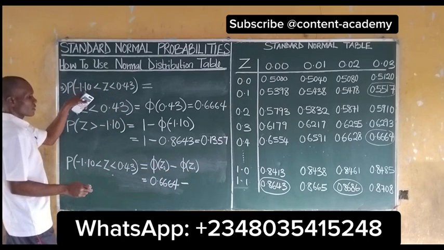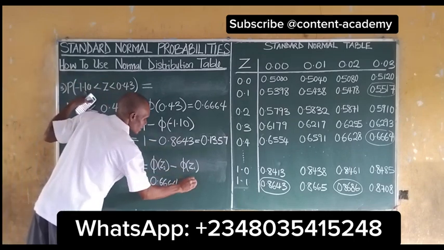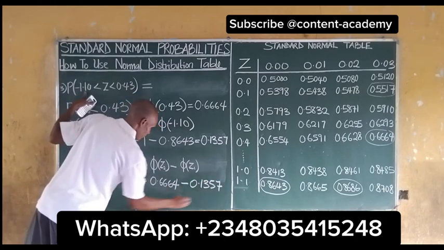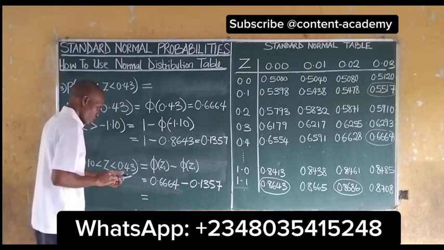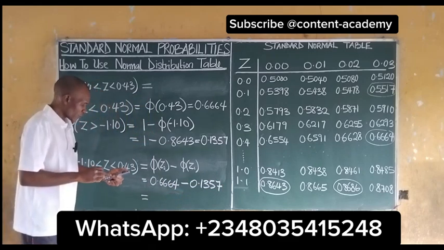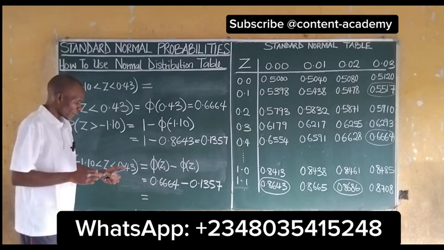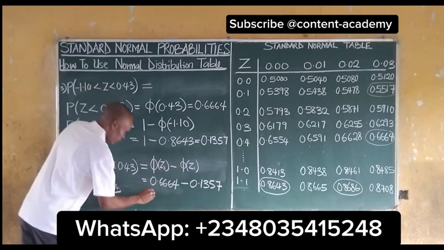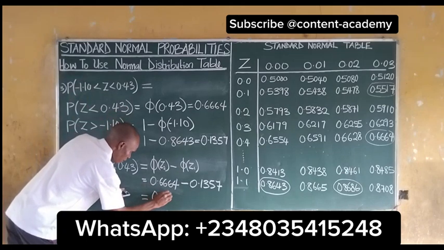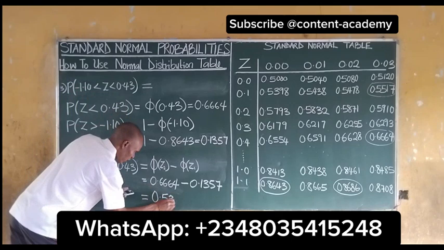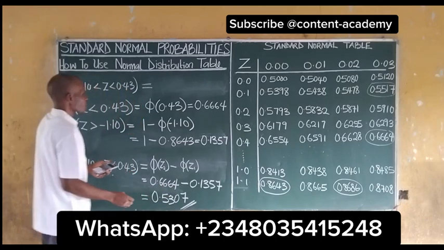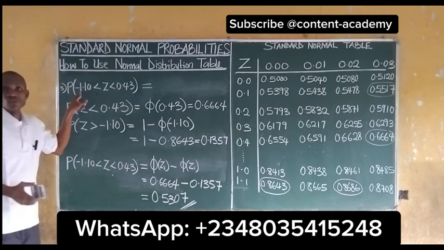Z1 is this value. We got 0.1357, which is equal to 0.6664 minus 0.1357, which is 0.5307. So this becomes our answer to the given question.